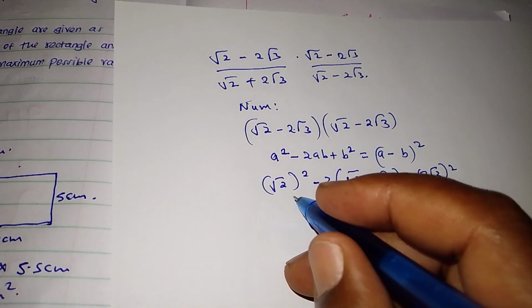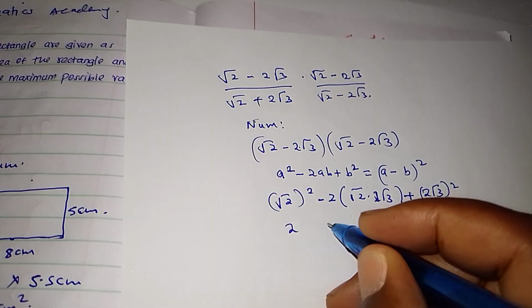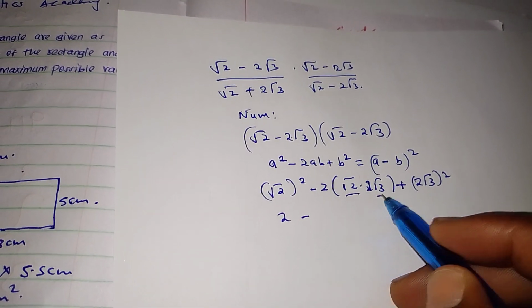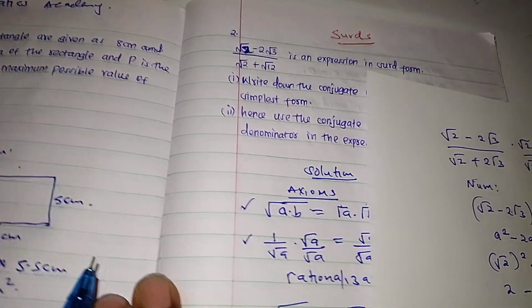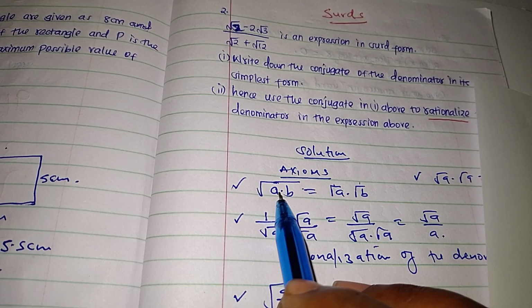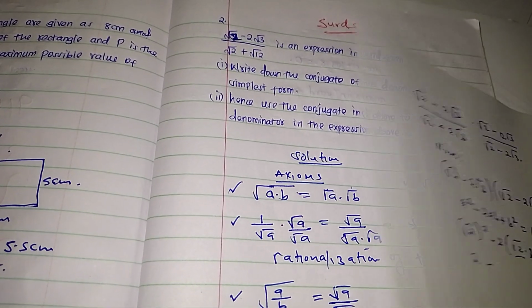If you do that, square root of 2 times square root of 2 gives us 2, and we have minus. This goes hand in hand with the axiom that you just learned: the square root of a product of numbers is the same as these numbers multiplied separately with their radical signs.